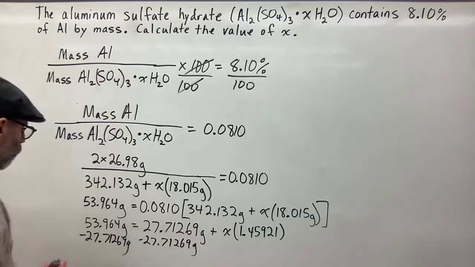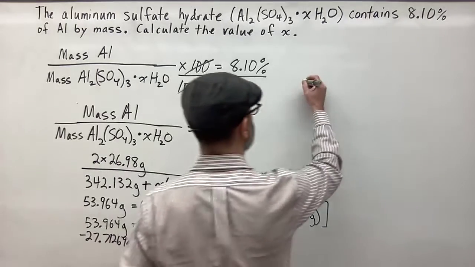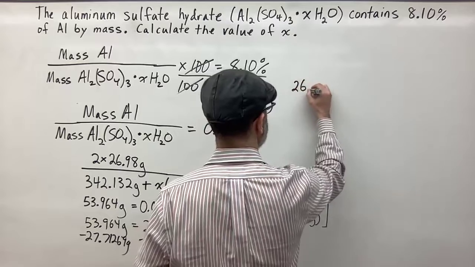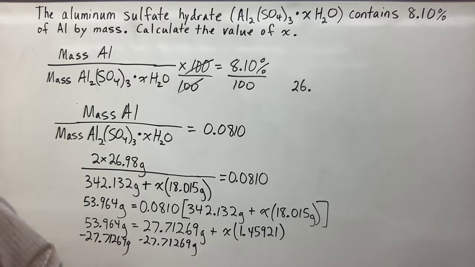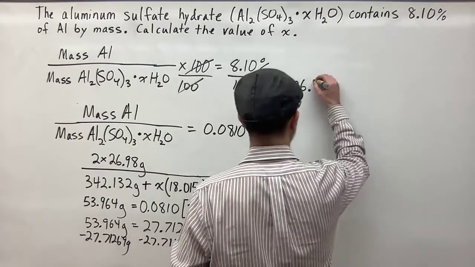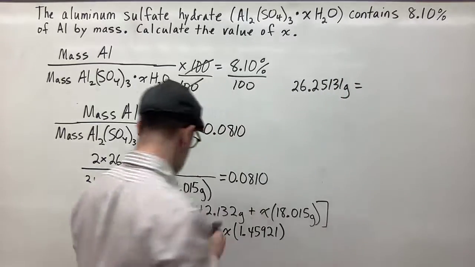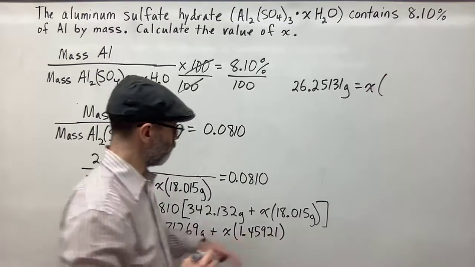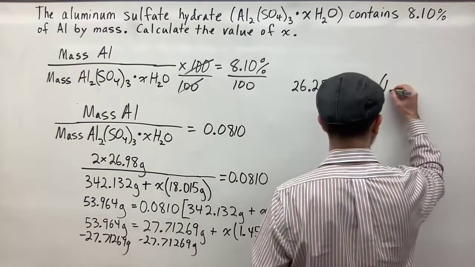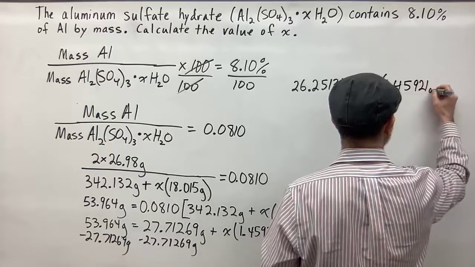When I do that, I'm going to get 26.25131 grams. That's going to be equal to now this part here, X times 1.45921 grams.